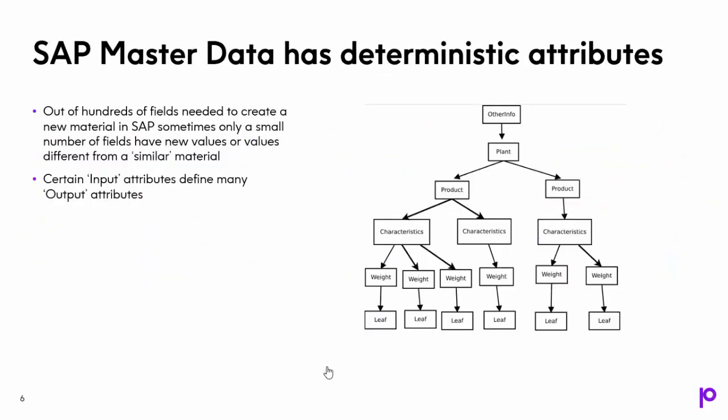So when we talk about the master data, we have a set of inputs that can then potentially predict outputs for a number of areas. And most of that data has very deterministic properties that allows something like this to happen. And here we just have a smattering of those, maybe based on plant and product type and a few other things. We can predict most of the rest of the values.